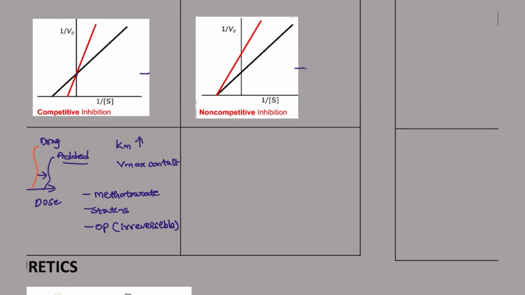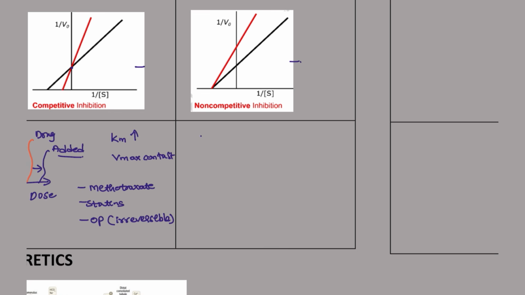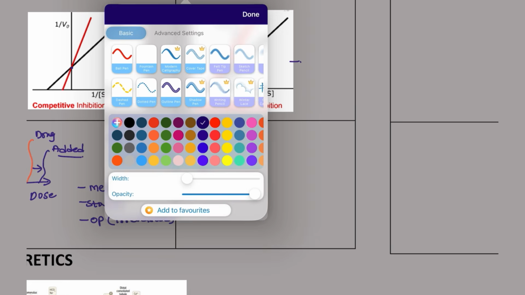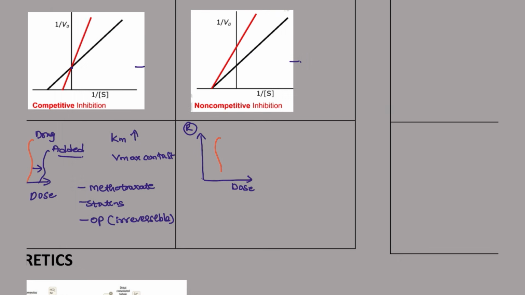Next, coming to non-competitive inhibition. Same process: we check the dose, and here we are checking the response. We give the original drug with the same normal response, and after giving the drug with the antagonist, what happens? The height of the curve will be decreased.